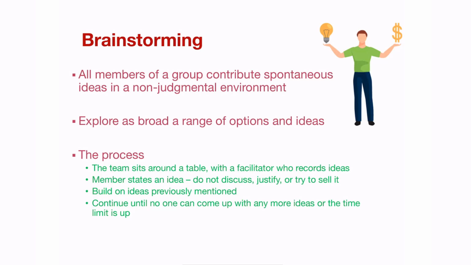Brainstorming in order to solve problems is another tool, technique and skill that can be used, and it involves all members of the team, and it's also meant to explore a broad range of ideas and possible solutions. The process, essentially, is the team sits around a table, a facilitator records all ideas. Everyone has to state ideas. There is no judgment of the ideas.